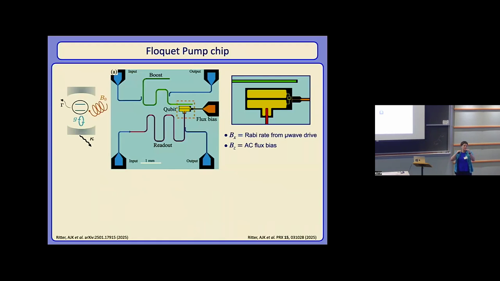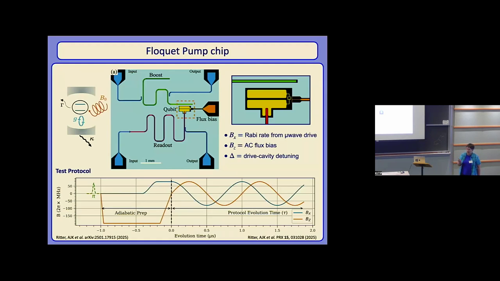So between these 2 knobs, we have full vector control over our effective magnetic field in the XZ plane. And the effective cavity detuning is the frequency difference between the drive and the cavity.